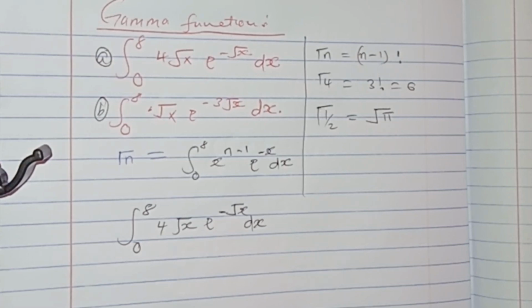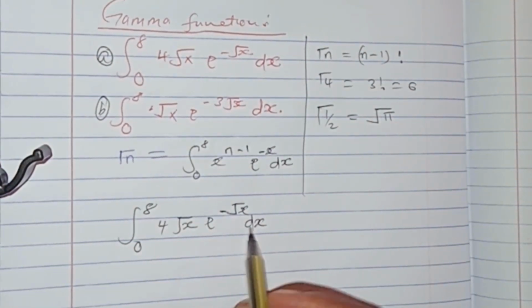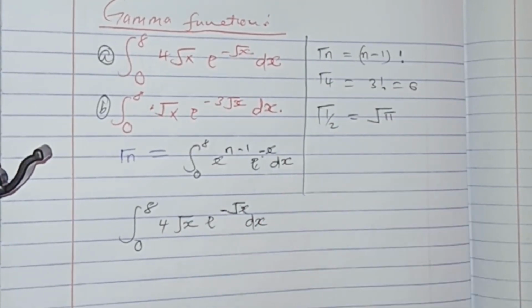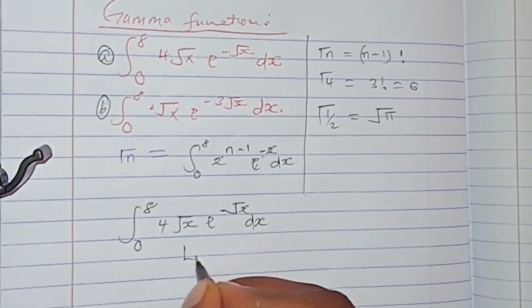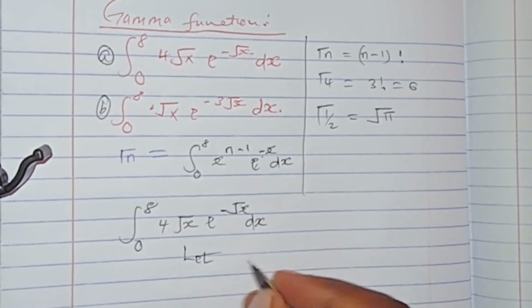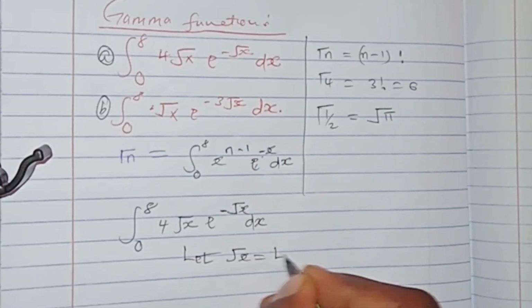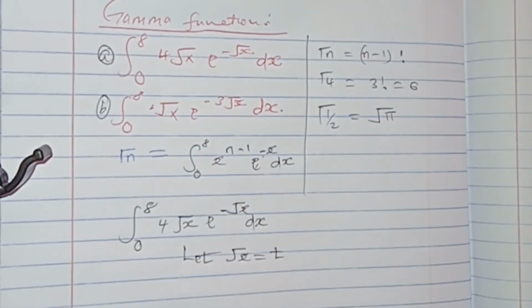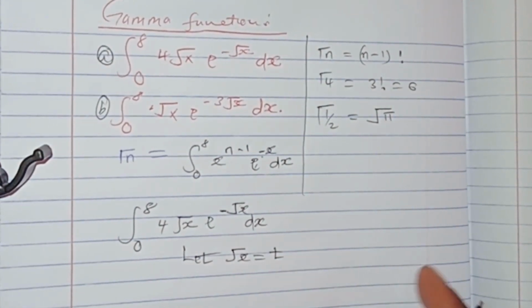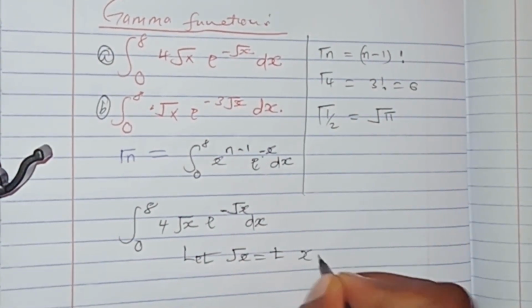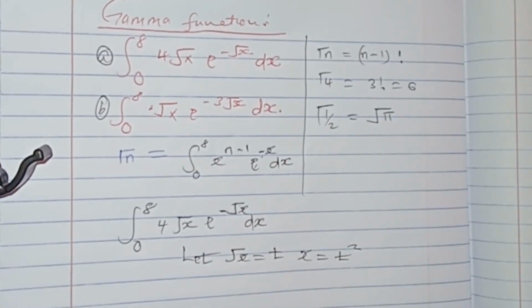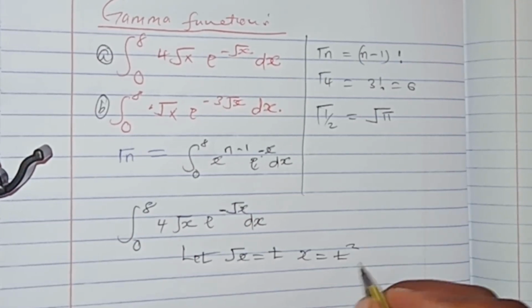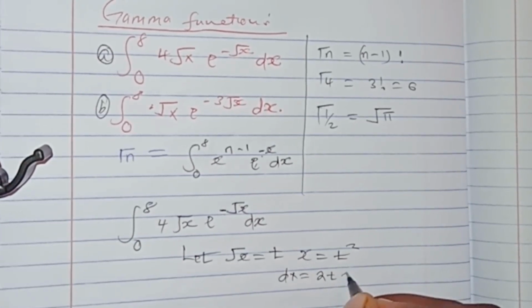Okay, so you compare e raised to the power negative root x with e raised to the power negative x, and let root x be t, making x the subject by squaring both sides. We have x is equal to t squared, and now take their derivatives. So dx is equal to 2t dt.